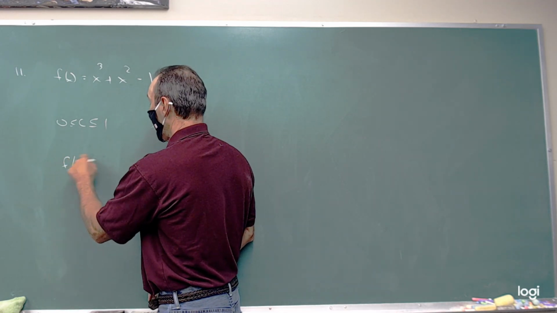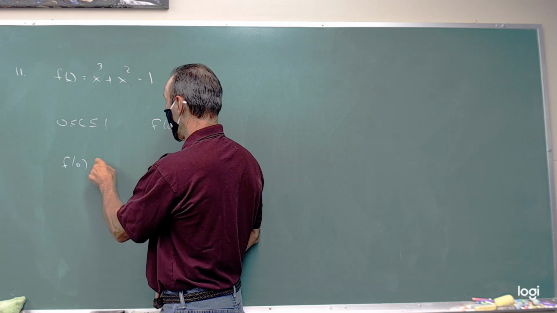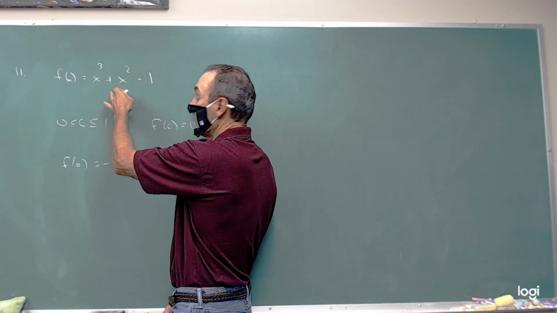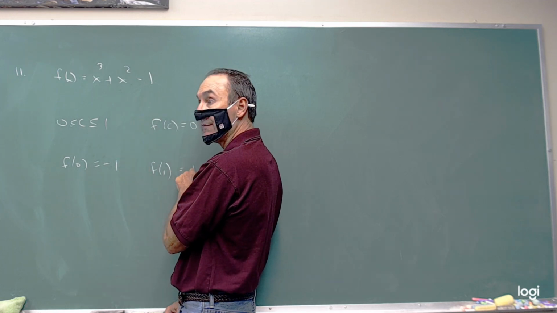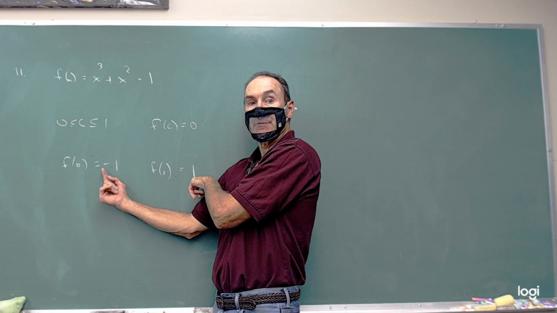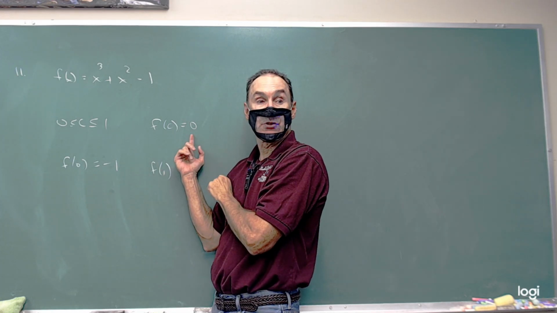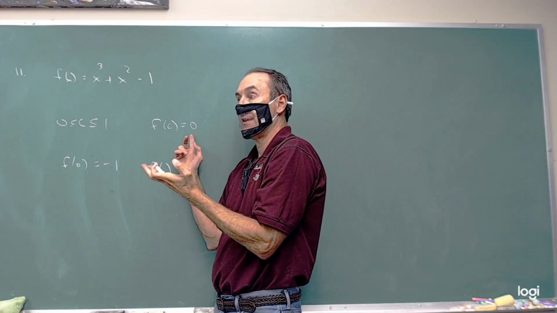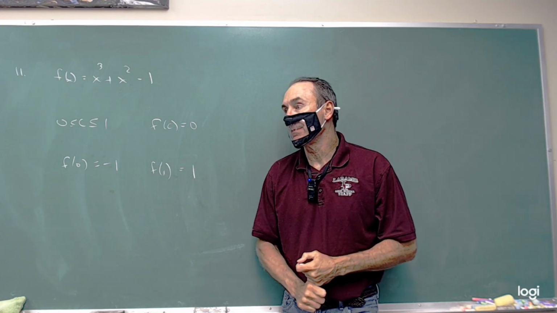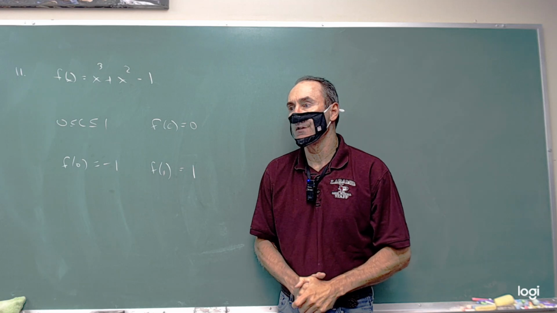You can see that f of 0 is a negative. And f of 1 is 1 plus 1 minus 1, which is a positive. So since f of a is negative and f of b is positive, then the function must equal 0 somewhere in between 0 and 1 because of the intermediate value theorem. That's what they're trying to get you to think.